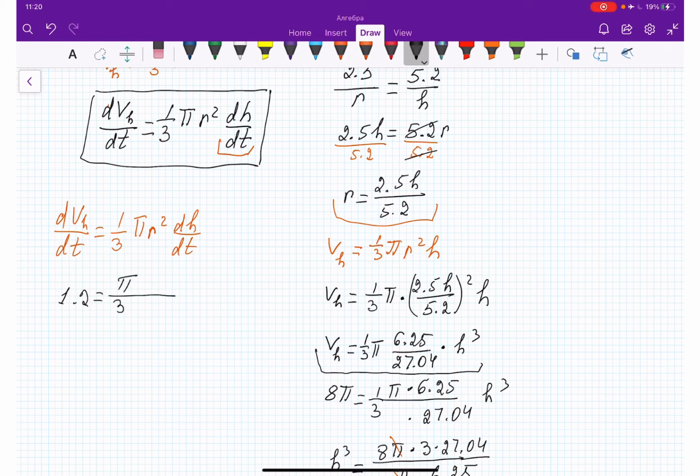So our r is what? 2.5 times h divided by 5.2, right? All this squared and times dh by dt.